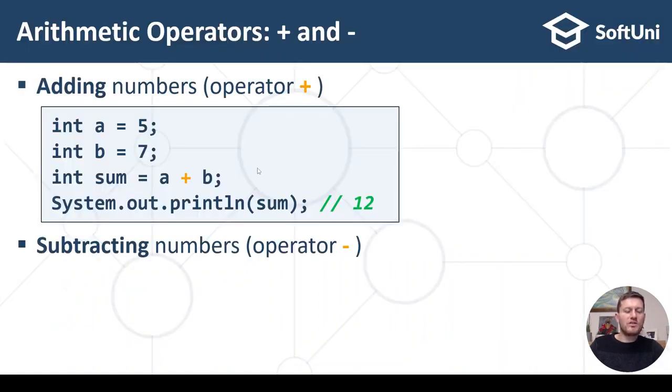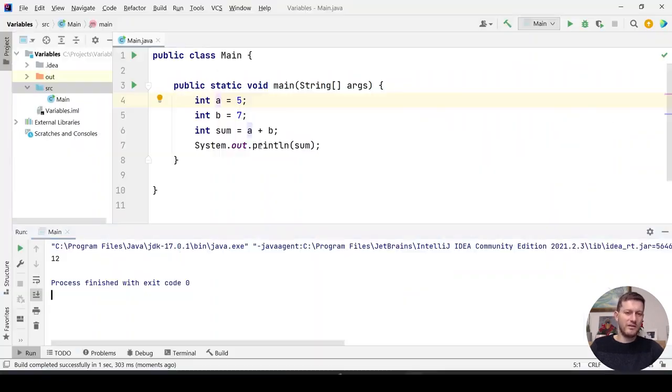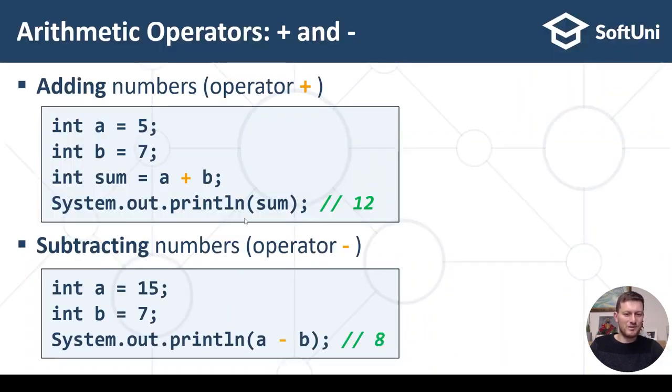Okay, so subtracting numbers is done by the operator minus, and it works very similarly. If we have 15 minus 7, it will be 8. And it works, of course, with negative numbers. 5 minus 7 will be minus 2, because this is how mathematics works.